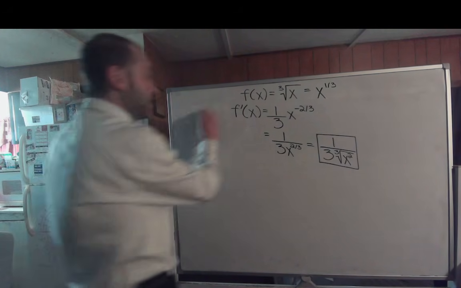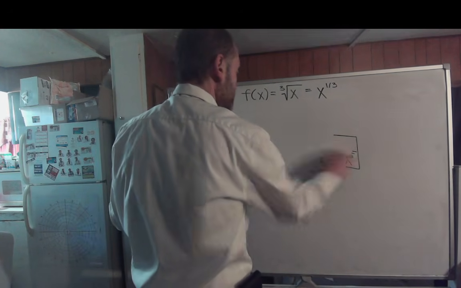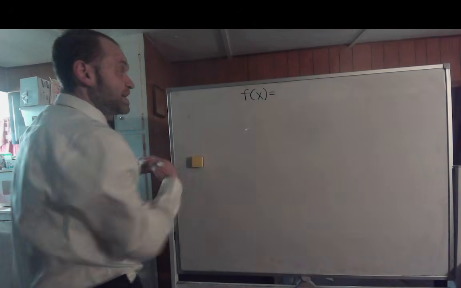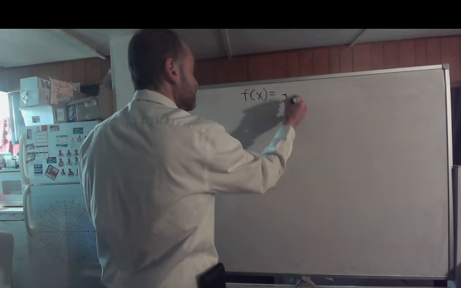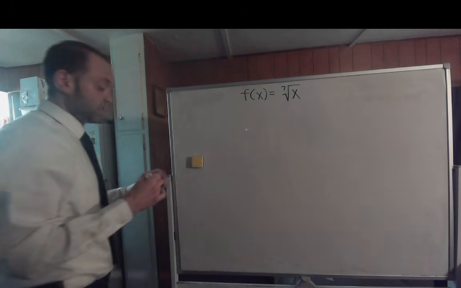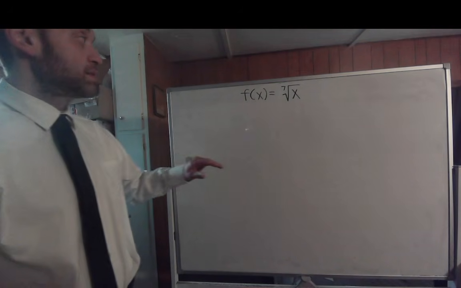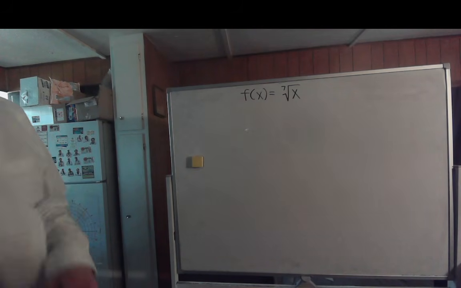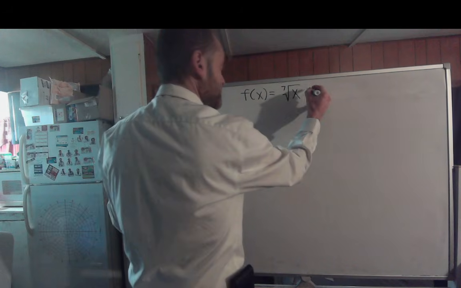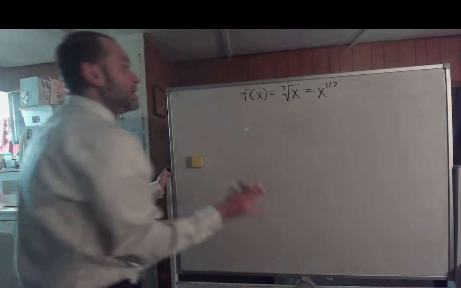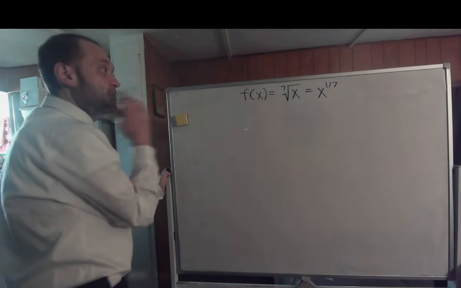Let's do another power. And then we're going to go on to some sum and addition rules. Let's say I take f of x equals the 7th root of x. So I want to find the derivative of f of x equals the 7th root of x. Well, the 7th root we know is the same thing as x to the 1/7 power. Now let's go ahead and find the derivative.